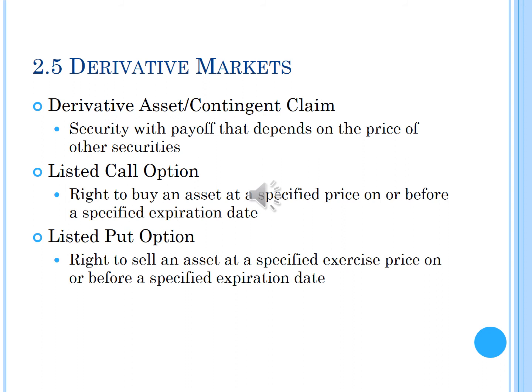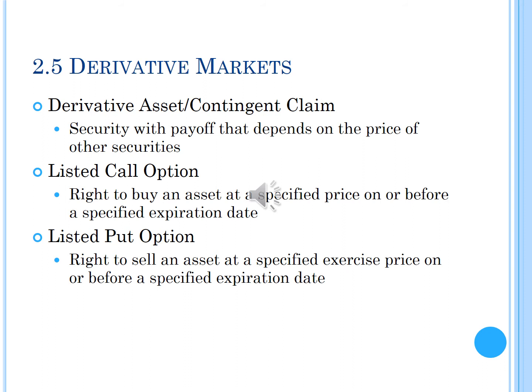So an October call option on Apple stock, for example, with an exercise price of $355 entitles the owner to purchase Apple stock for a price of $355 at any time up to and including the option's expiration date in October.